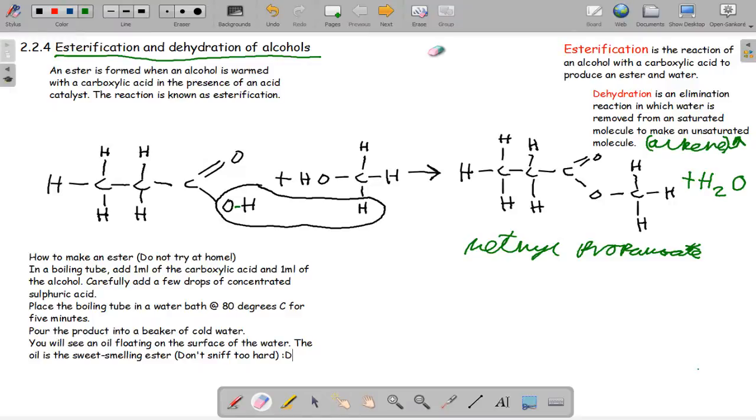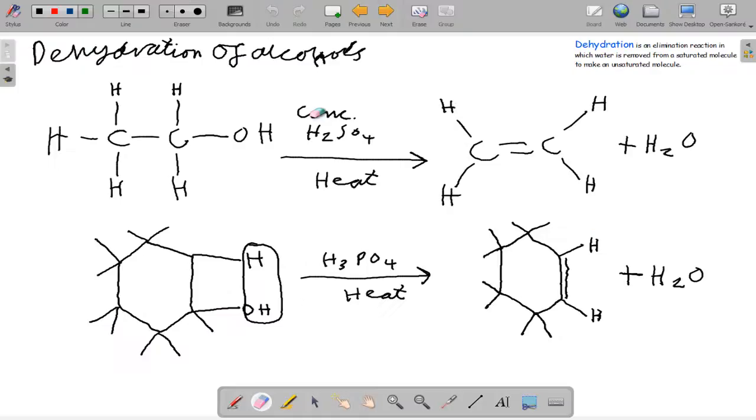If we now have a look at a more complex example of dehydration, down here at the bottom, cyclohexanol reacting, we then form an unsaturated molecule, cyclohexene.